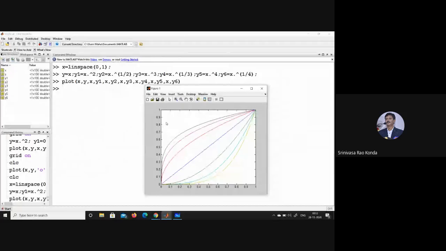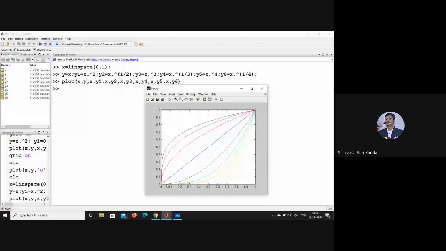Am I correct or not? So that's why we are getting it like this. If you add one more, or two more curves like this, we will get it like this. x to the power of 5, 5th root of x. Like this. Okay.